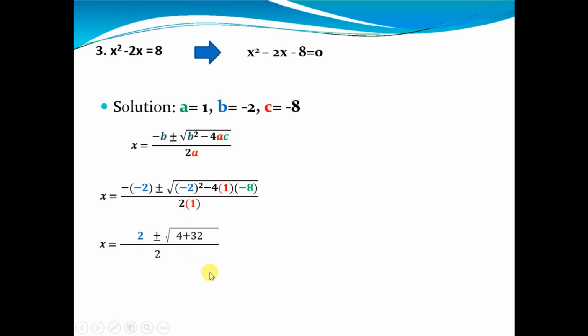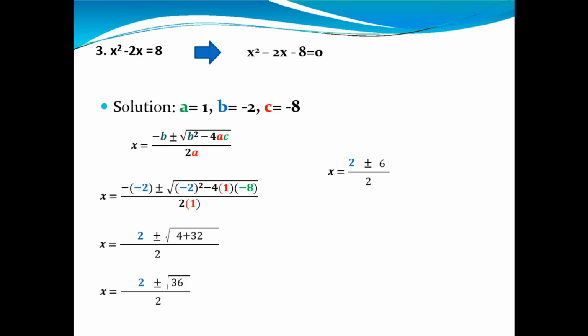Okay, so simplifying even more, we have 2 plus minus the square root of 36 because 4 plus 32 is 36, all divided by 2. Now 36 is a perfect square, and the square root of 36 is 6, giving us the expression 2 plus minus 6 all divided by 2.